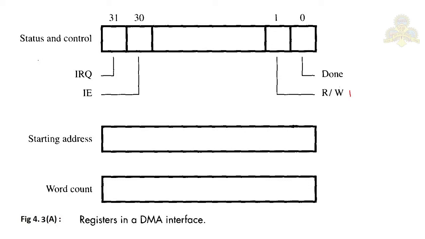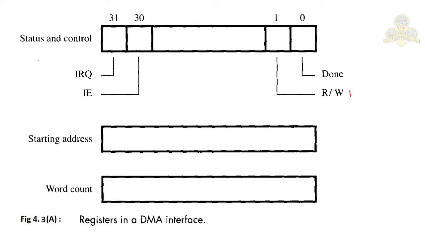Here, read operation means reading the content from the memory and transferring it to the IO device. Whenever this read bar write bit is 0, that means it is a write operation. When the controller has completed transferring a block of data from the memory to the device, it is ready to receive another command. Then it sets the done flag to 1.